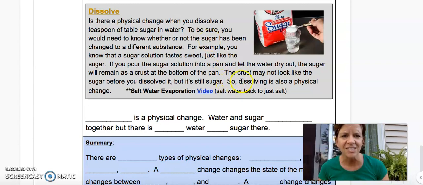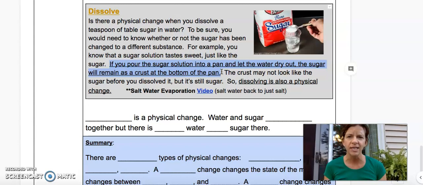Let's do this. Dissolving is a physical change. We're going to underline that, and we're going to also underline the sugar will remain at the bottom of the pan. If you pour the sugar, I know that's an example, but we're going to underline it to let us know that the sugar is still sugar, the water is still water.